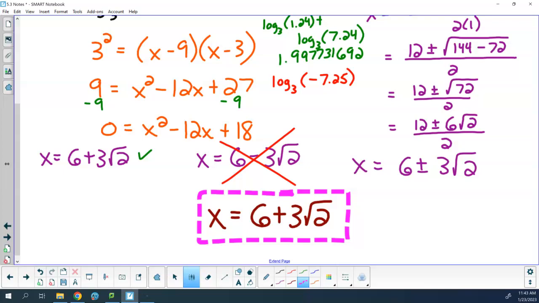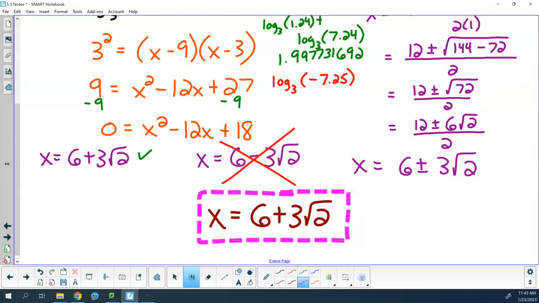Now, when you're checking them, on both of them that we did today, one of the answers was extraneous. Okay? And that's the majority of the time you're going to get that. Some of the time, you might get where both answers are extraneous, and then that's a no solutions case.